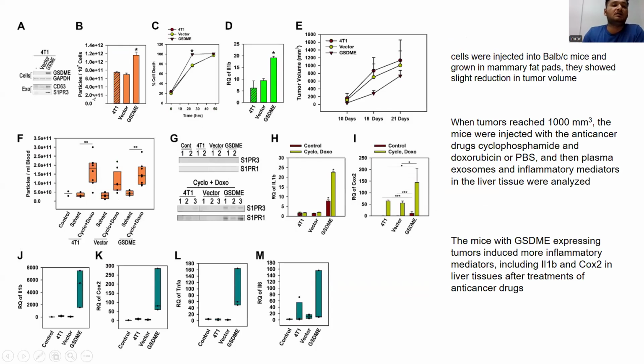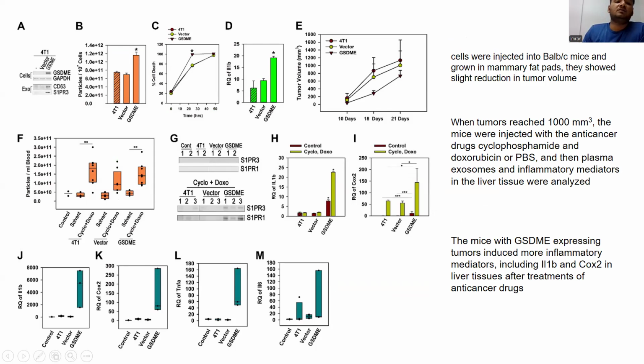Then a stage 4 breast cancer cell line named 4T1 was used for further experiments, in which Gasdermin E was overexpressed, and it showed a greater release of exosomes and also cell death.